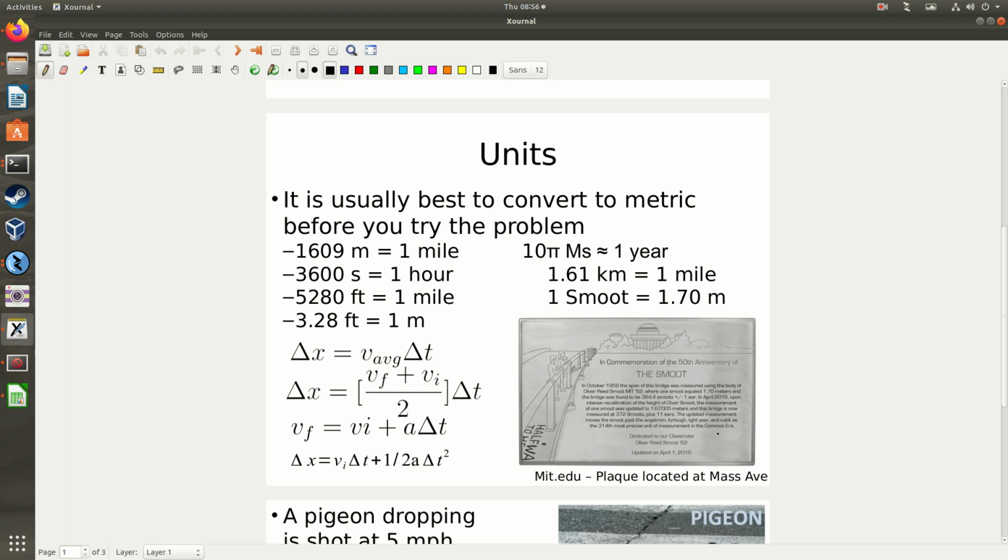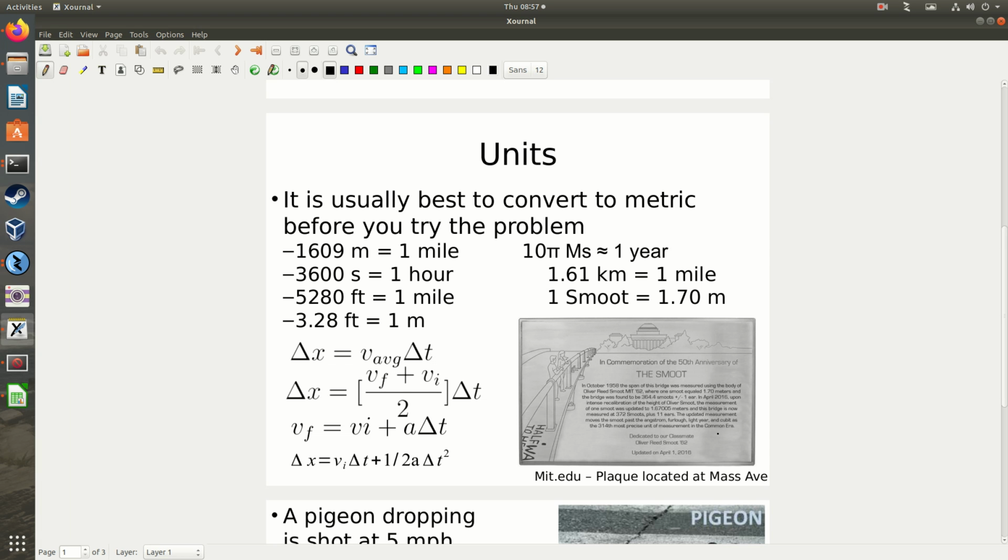Interestingly enough, there are 10 pi megaseconds roughly in a year, which is a fun little conversion that I know of. 1.61 kilometers in a mile, and then I have a little plaque down there for the smoot. It's not an official unit, but apparently it got popular enough. It's based off of a physicist at MIT. They actually measured the length of a bridge in his height, and it kind of stuck. It's roughly 1.7 meters.